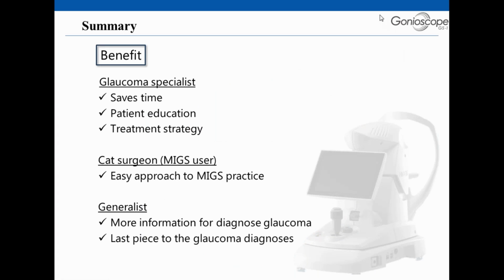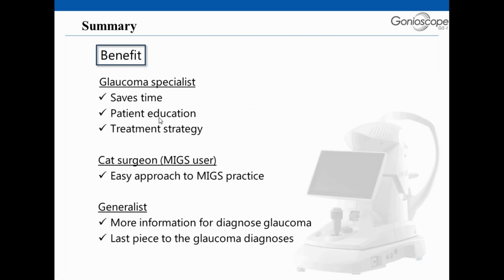So here's the summary of Gonioscoop. I listed the benefit for each specialist or surgeon. For glaucoma specialists, Gonioscoop can save time because doctors don't need to record by themselves, drawing and coloring on the goniogram.